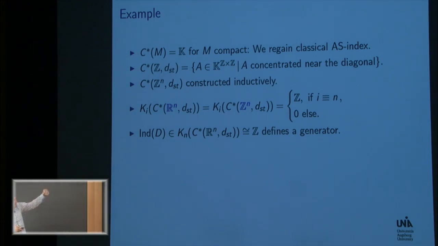And the property of bounded propagation speed means that the entries of A must be concentrated in a uniform neighborhood of the diagonal. So this means that things cannot move too far away. And then we can work inductively, and for these lattices we can also compute this C-star algebra completely.